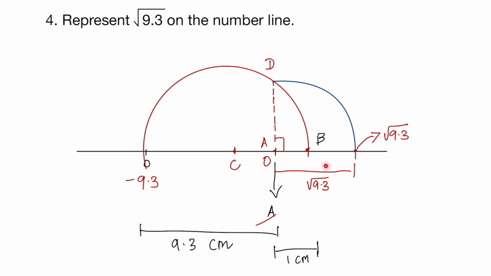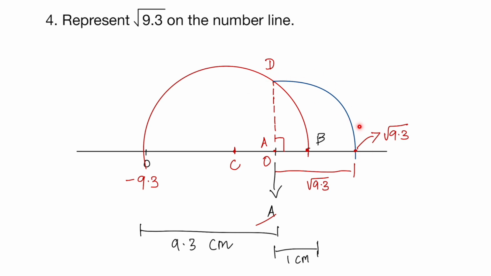Now right from A, you are going to draw a perpendicular line which is perpendicular to OB. Then you are going to measure using your compass the measurement of OD and cut an arc at the line, and that gives you this arc, which is going to be exactly root of 9.3.